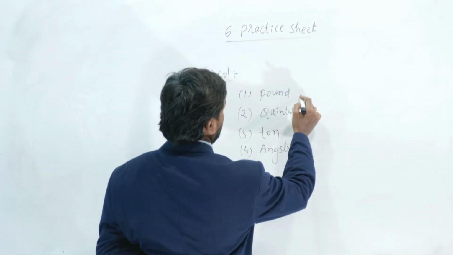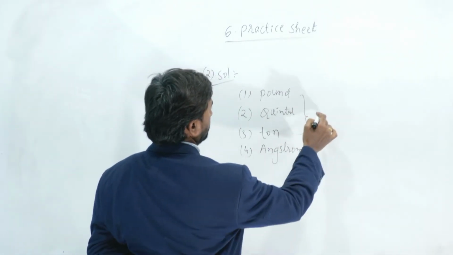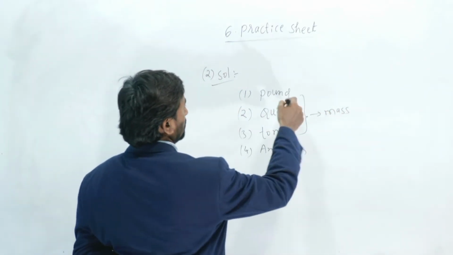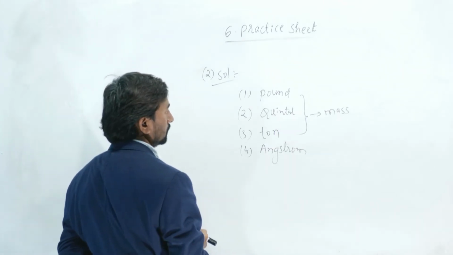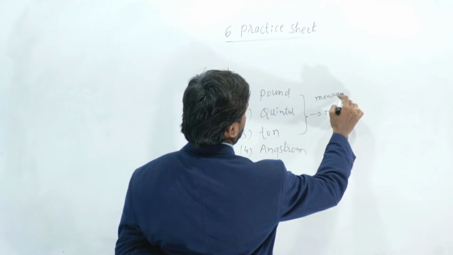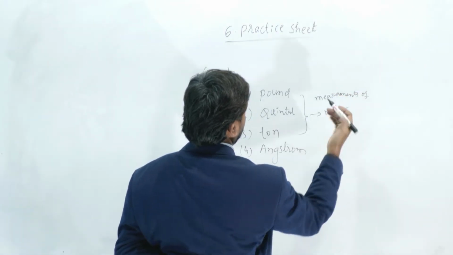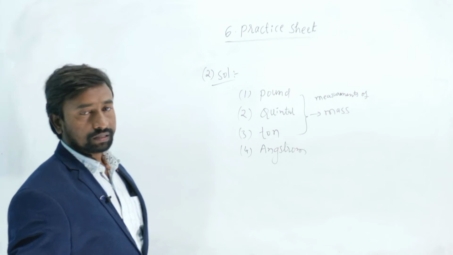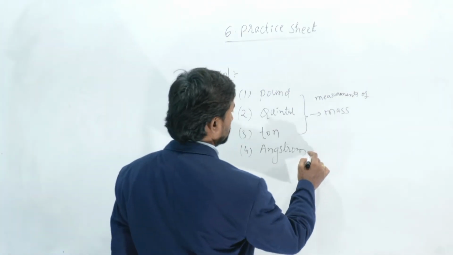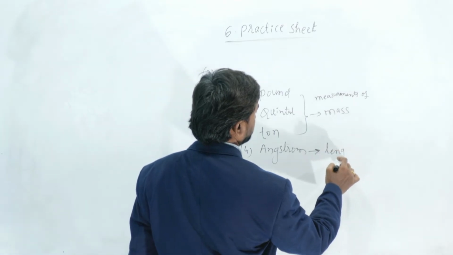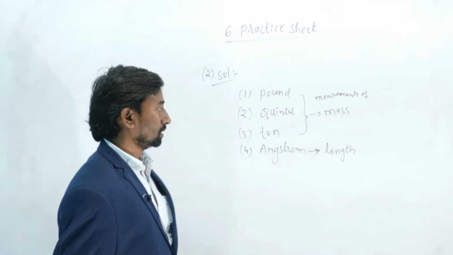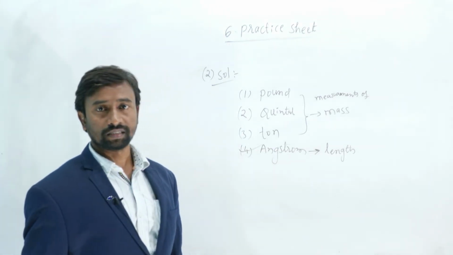So pound, quintal and ton, these three are all related to mass. These are the measurements of mass, and this angstrom is related to length. So now we can say these three are related to mass and this is related to length. So the odd one here is angstrom.